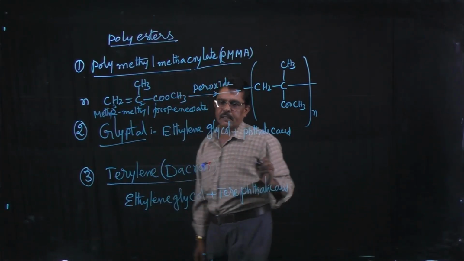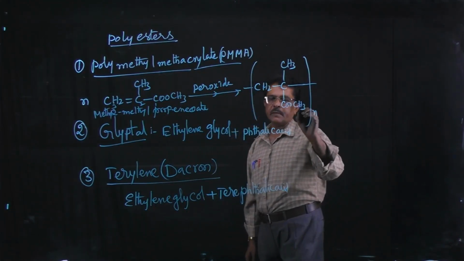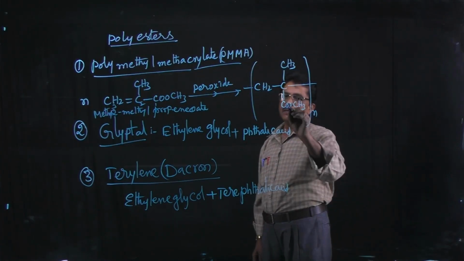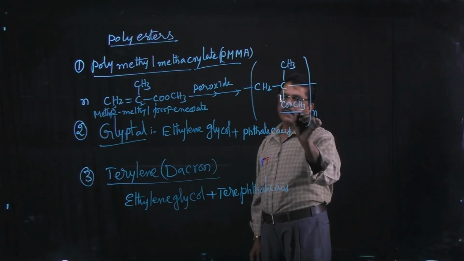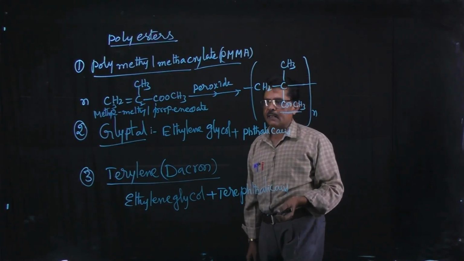Then we will get the polymer. Polymer is the what? Polyester polymer. Ester group is there. Hence it is said to be polyester.